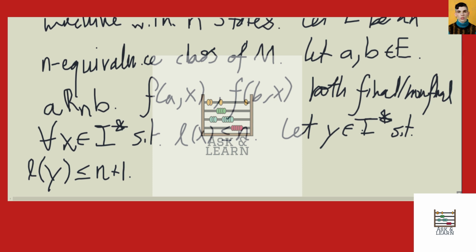Suppose that y is a string of length at most n. Then clearly, we already know that f of ay and f of by are both final states or are both not final states.